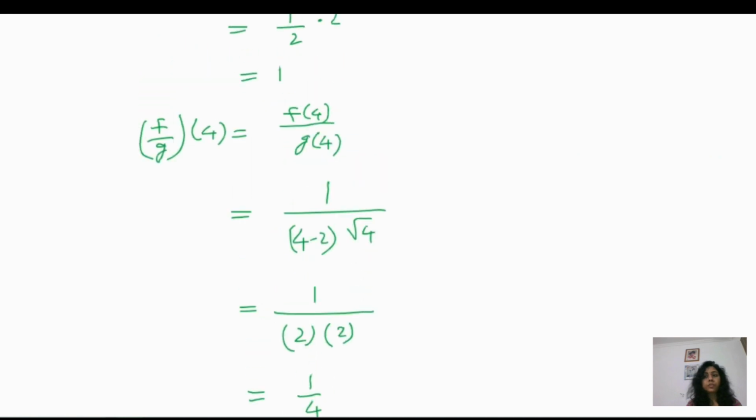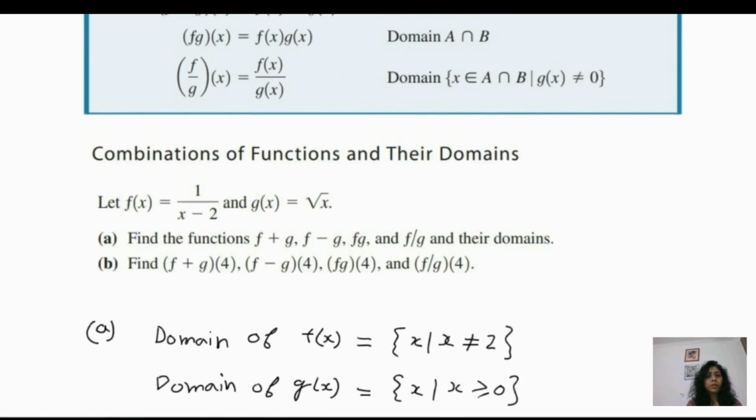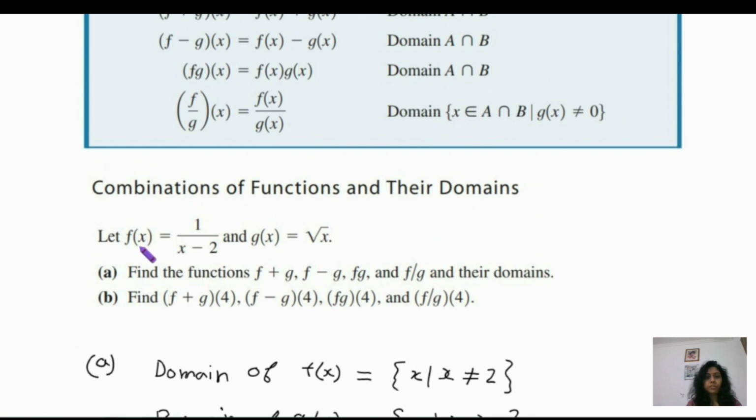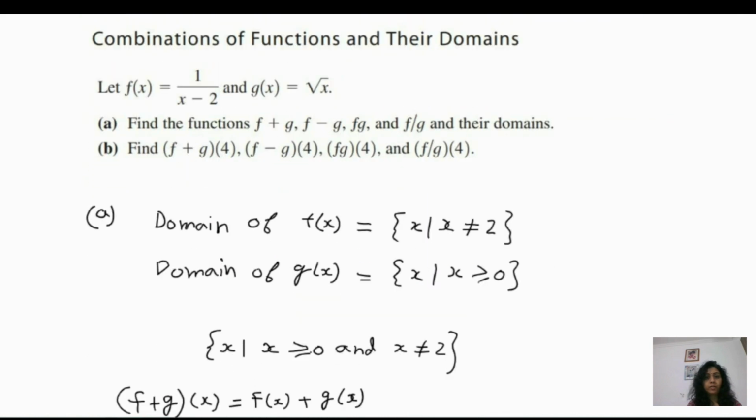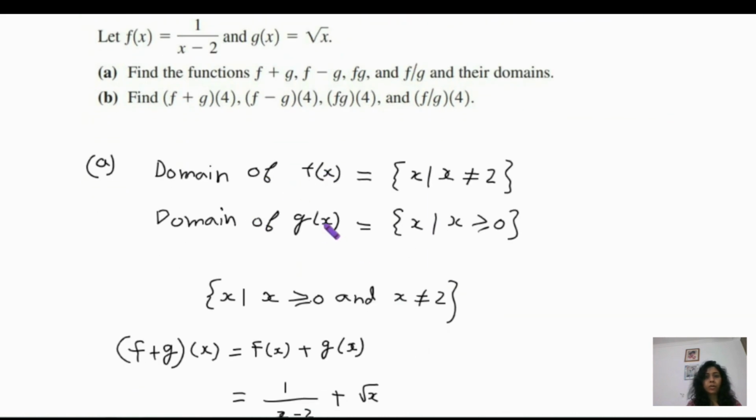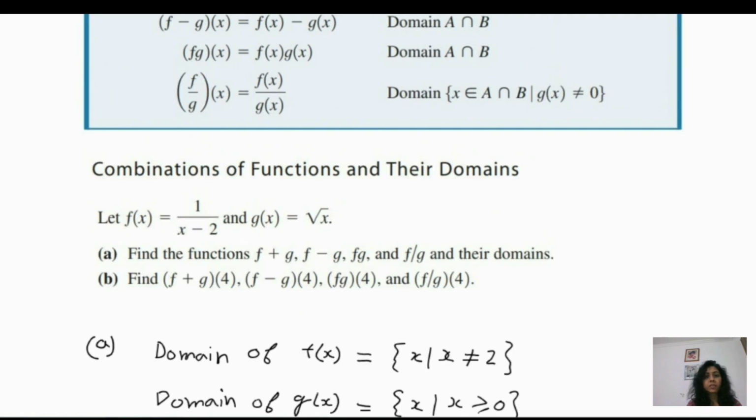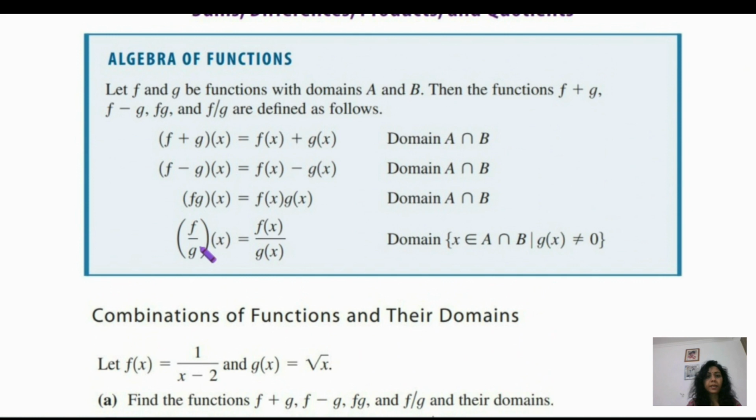So very simple questions. Here given two functions f(x) and g(x), we can easily find the domain of f(x) and the domain of g(x). And for combining functions, we have to find the intersection of the domains of f(x) and g(x), and then simply add, subtract, multiply and divide.